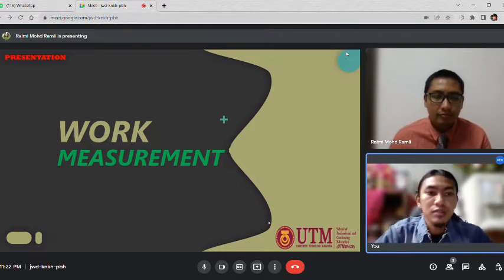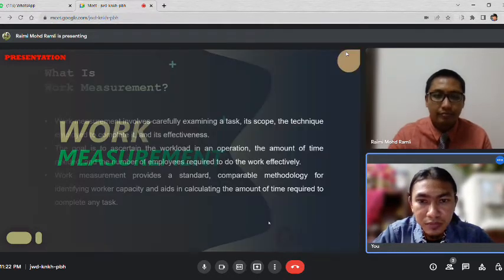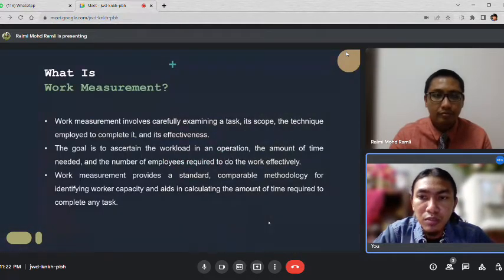So next, what is work measurement? Work measurement involves carefully examining a task, its scope, the technique employed to complete it, and its effectiveness. The goal is to ascertain the workload in an operation, the amount of time needed, and the number of employees required to do the work effectively.